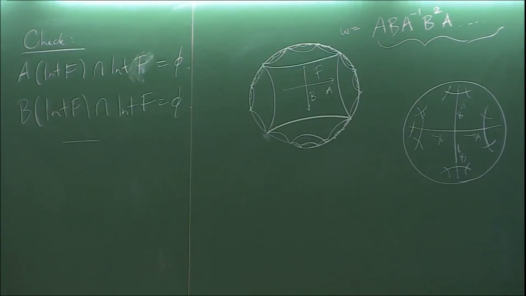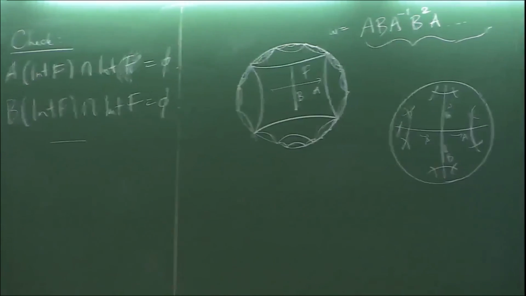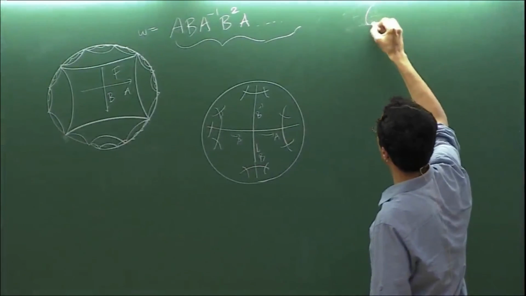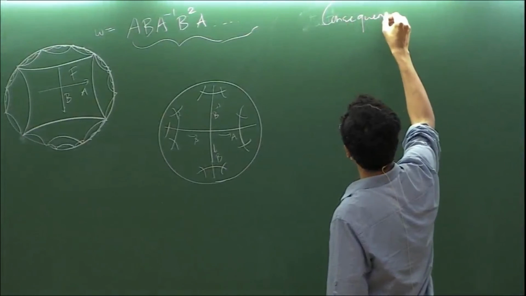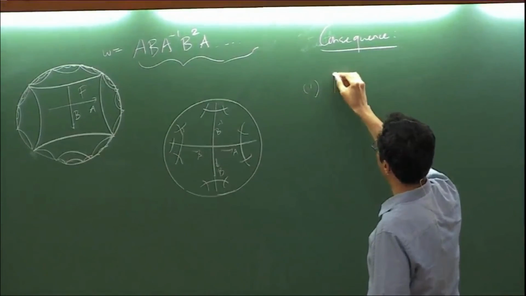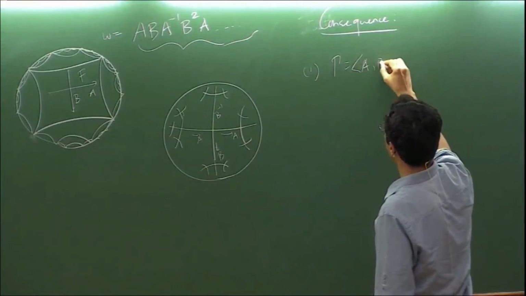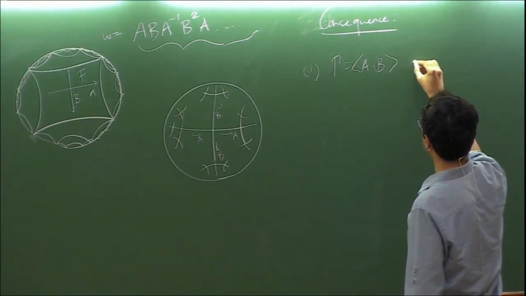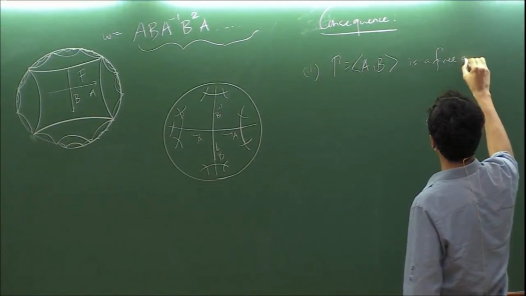Okay, so let me just summarize. As a consequence, what you have is first of all that this group generated by A and B is a free group. Why?